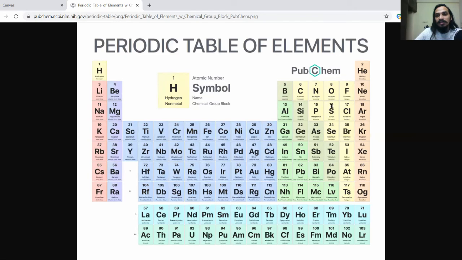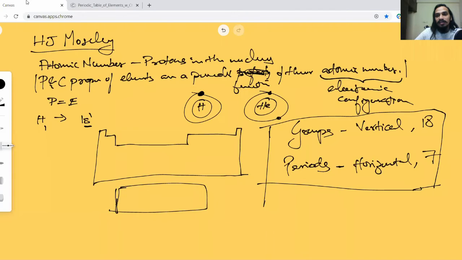Now, if we talk about the electronic configuration again, let's look at something like oxygen. Oxygen is 8. So 1s2, 2s2, 2p4. This is the electronic configuration of oxygen.